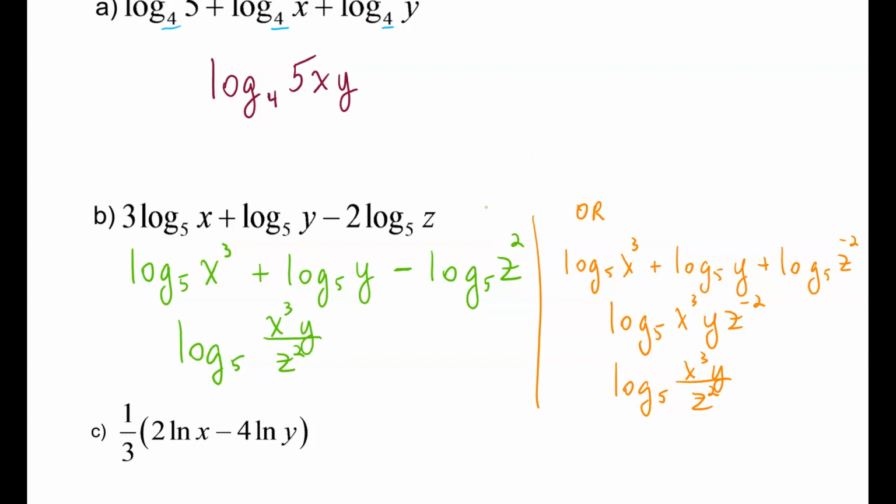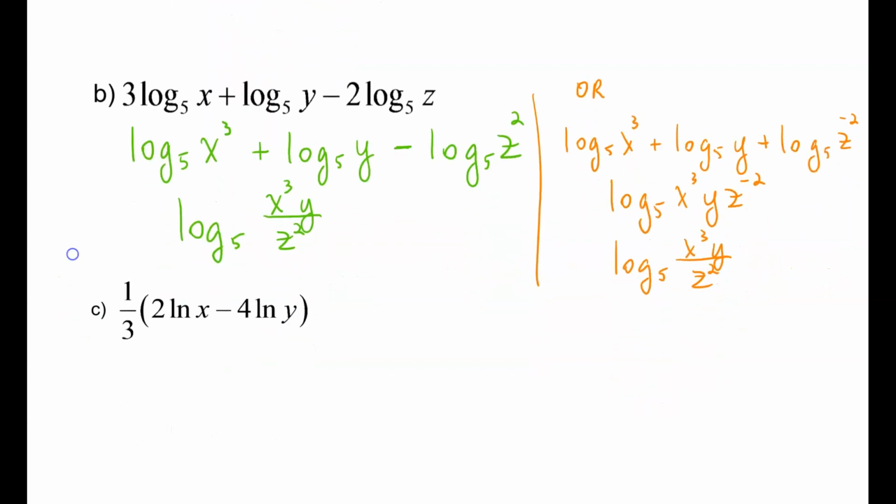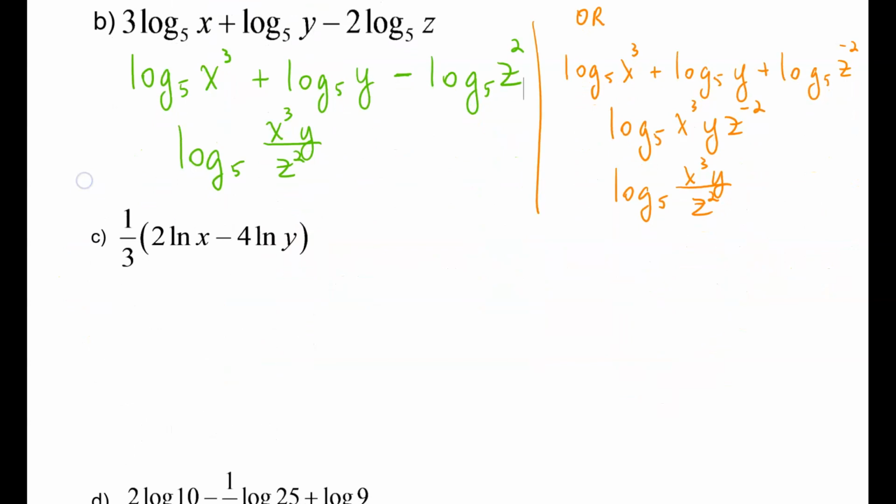All right, ready to look at the next one? Yep. Okay. So on this one, I've got 1/3 times the quantity of 2 times natural log of x minus 4 times natural log of y. And again, when you see ln, what do we call that? Natural log. What do you think the first thing is that we need to do?